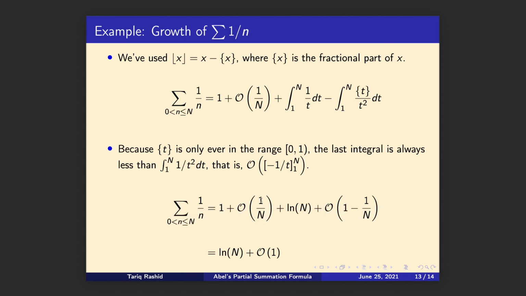And we can combine these orders of, because order of 1 over n and order of 1 over n is dominated by order 1. So we've got log n, which comes from this integral here. So it's log n plus something of the order of 1. Something that in our case was always between 0 and 1.